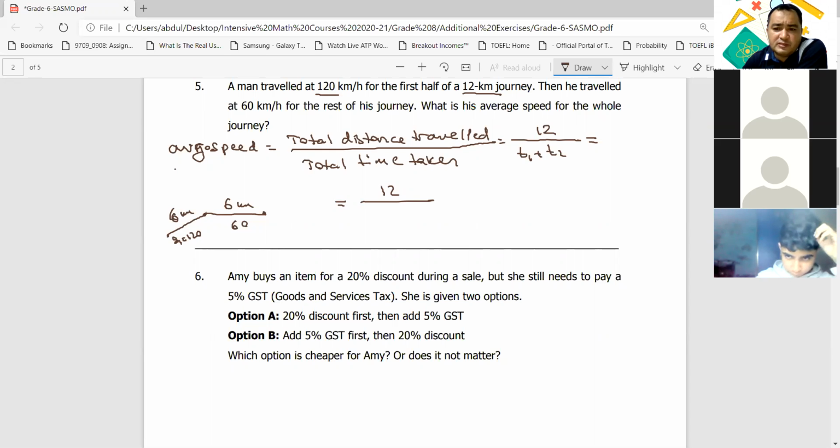We know time equals distance over speed, right? So T1 equals 6 over 120, plus the second one, which is also 6 kilometers, 6 over 60.